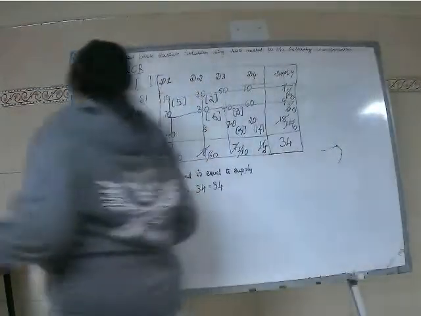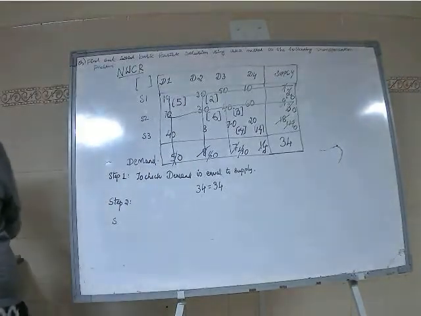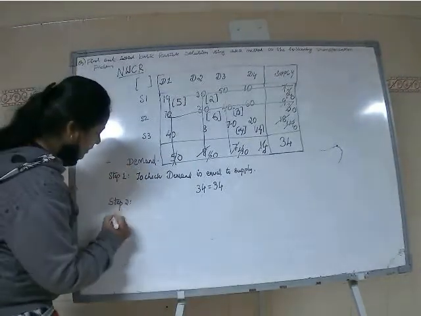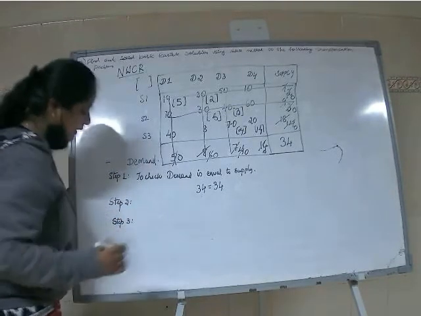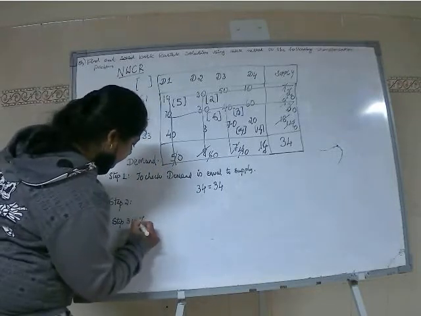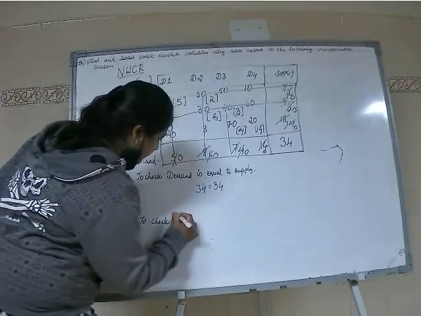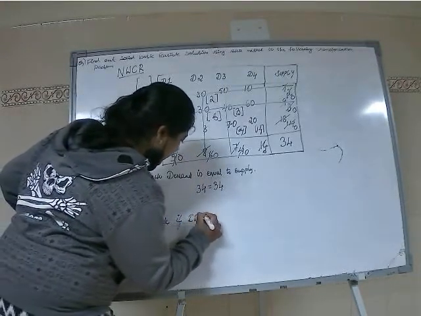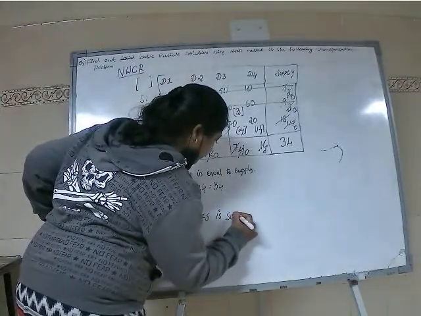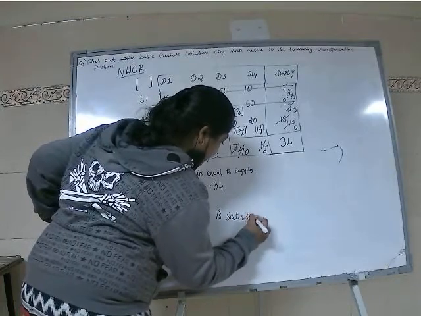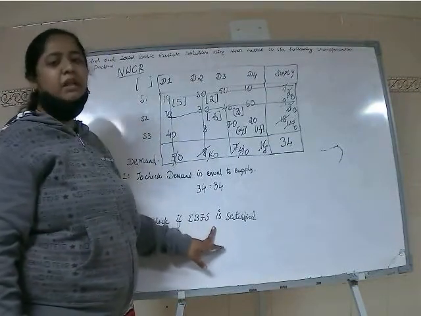Okay, then next step. Next slide. Step 3 is to check if IBFS is satisfied. What is IBFS? It is initial basic feasible solution.